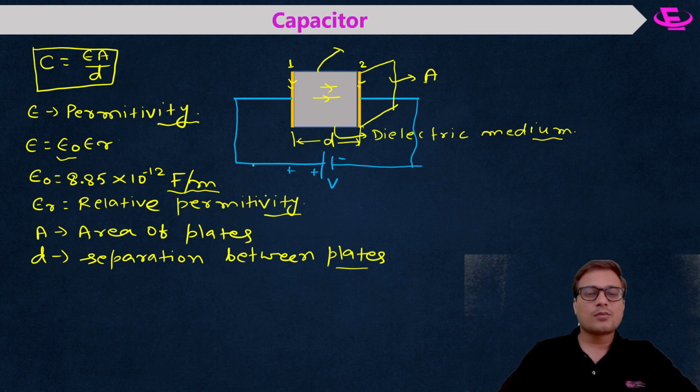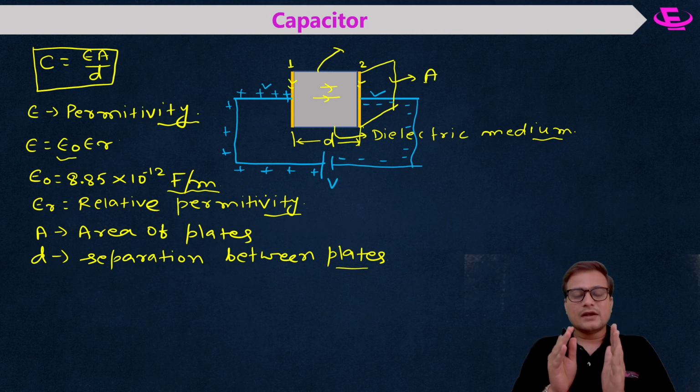So what is the job of the positive terminal? It will start injecting positive charges, which will come here. Similarly, negative charges will be supplied through the negative terminal of the battery, and this charge will come like this.